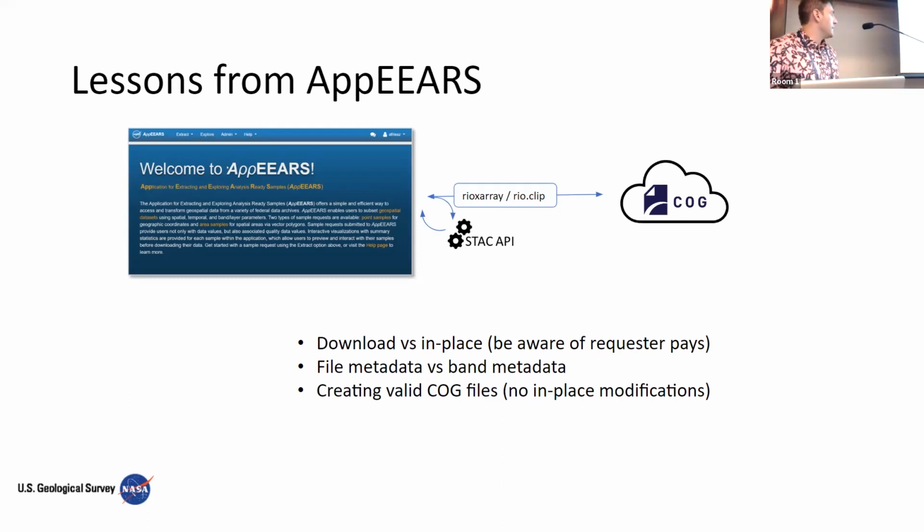File metadata versus band metadata. We've noticed that when we initially started saying that we had COG files, we were actually not producing valid COGs. We were also placing metadata in some wrong places, so that utilities like rioxarray weren't picking up attributes like scale factor and offsets.